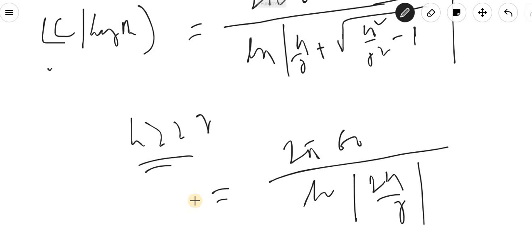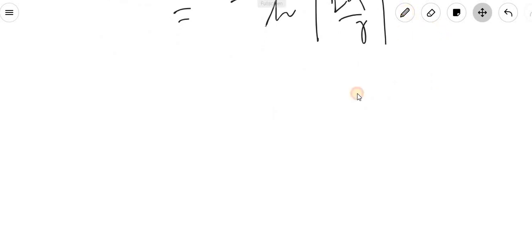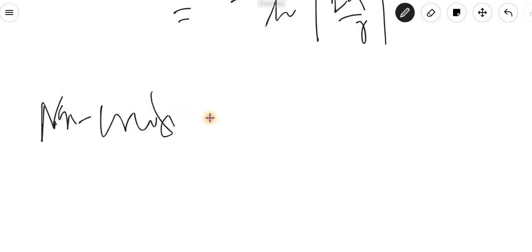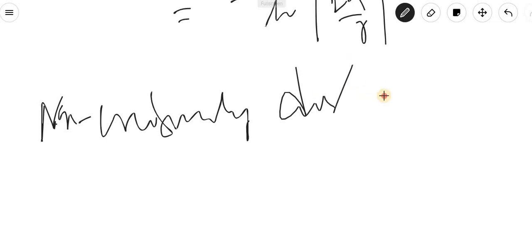So rho L coulomb per meter is distributed on the surface of the conductor, which is non-uniformly distributed over the surface, such that it has the higher density on the adjacent side of the conductor.